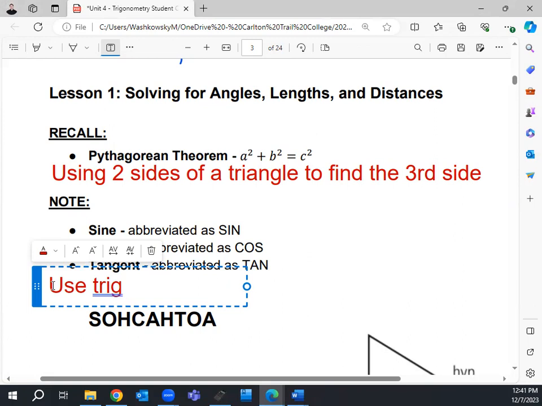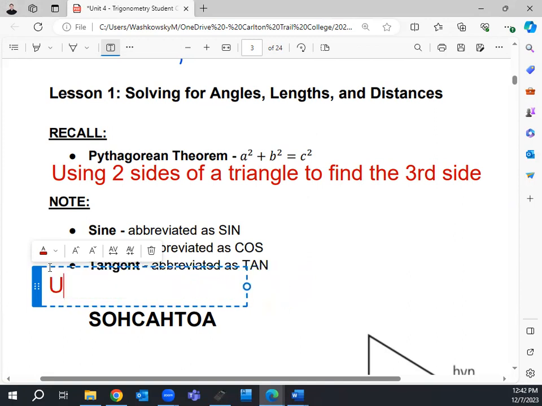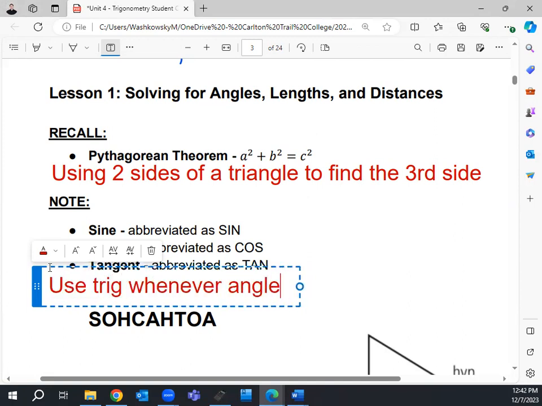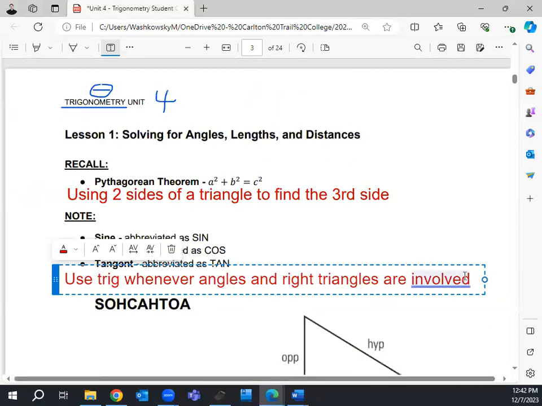We use trig whenever angles and right triangles are involved.